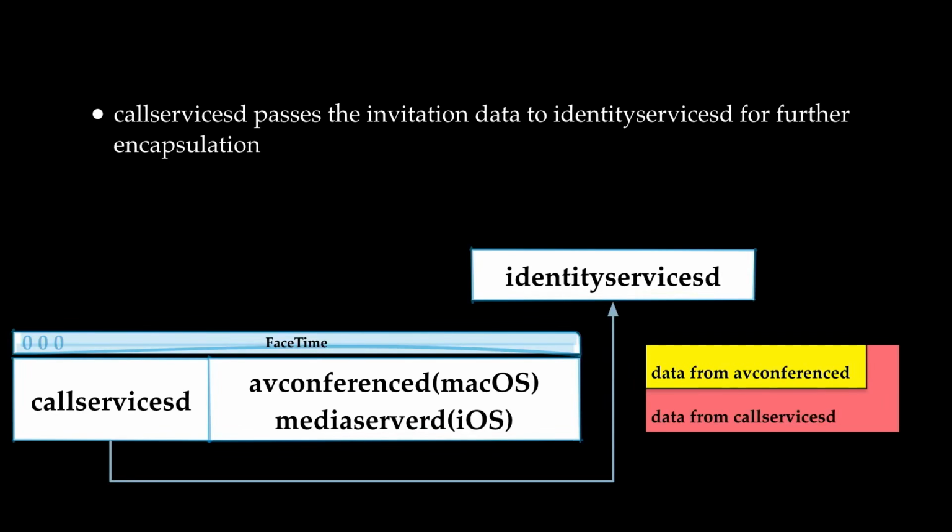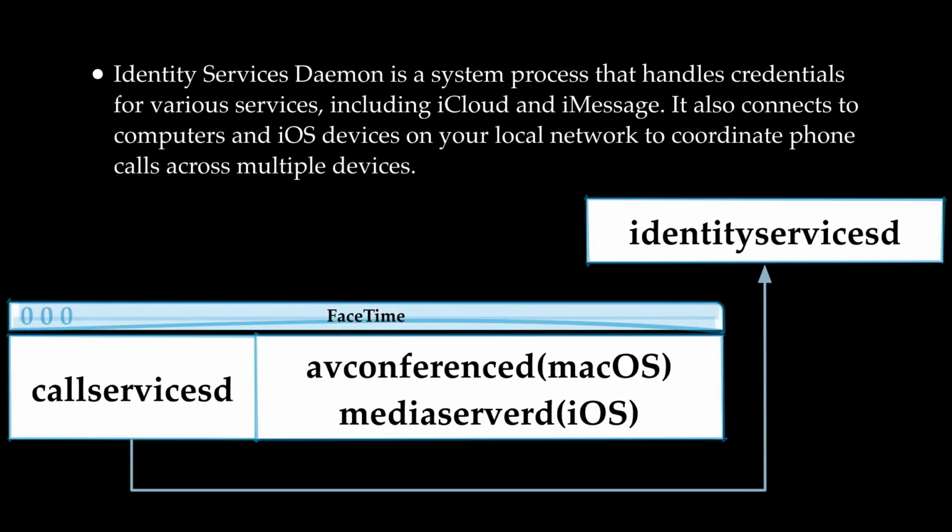After that, callservicesd passes the invitation data to IdentityServicesd for further encapsulation. IdentityServicesd, or we can call it the IdentityServices daemon, is a system process that handles credentials for a variety of services, including iCloud and iMessage. It also connects to computers and iOS devices on your local network to coordinate phone calls across multiple devices.